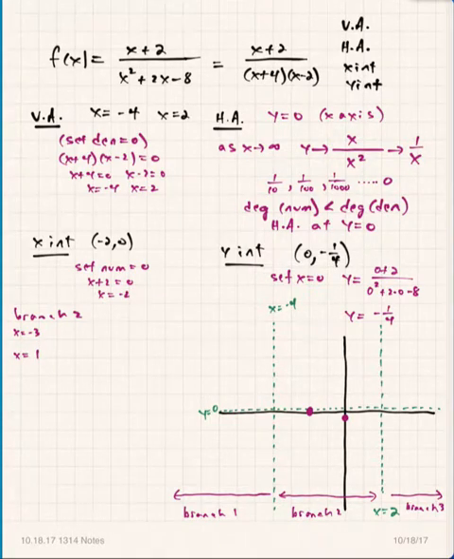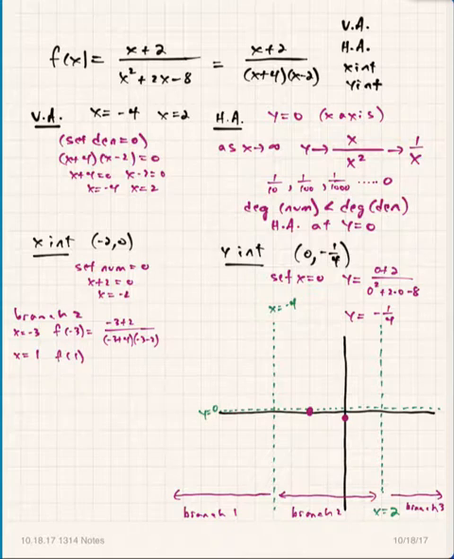So you're literally finding f of -3 and f of 1 in this function and seeing what the y values are. So f of -3, I'm going to look at the factored form: (-3 + 2) over (-3 + 4)(-3 - 2). All I'm doing is substituting into that very top form that's factored for this function.